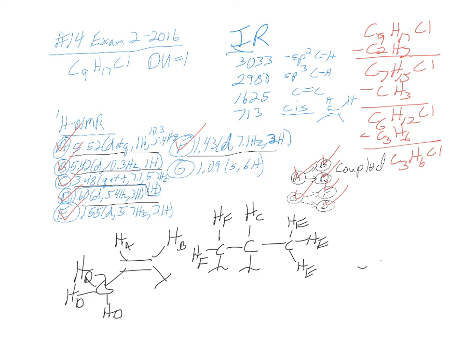So let's draw in CH3. Don't know what's near. CH3. And these are all G's, right? So that, what do we have left then? So we can subtract out C2H6.